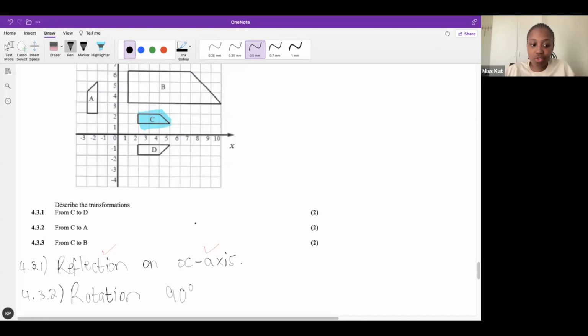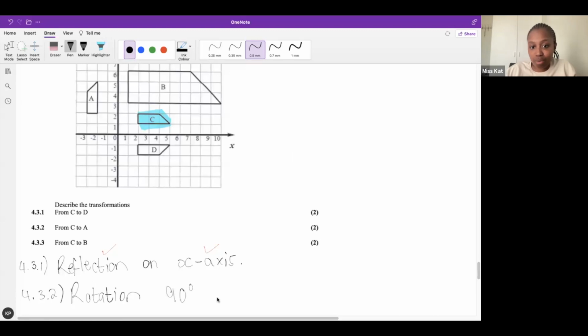Remember, reflection will be on the y-axis and so on, but rotation has to do with degrees and direction. So it's 90 degrees. Abu was correct the first time.